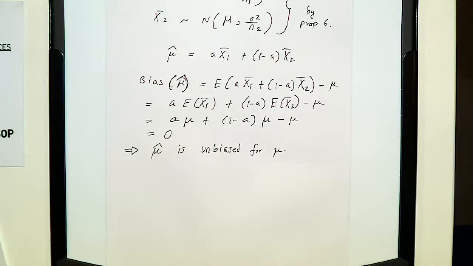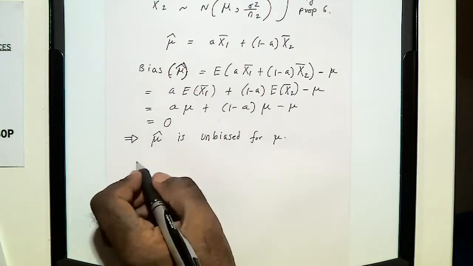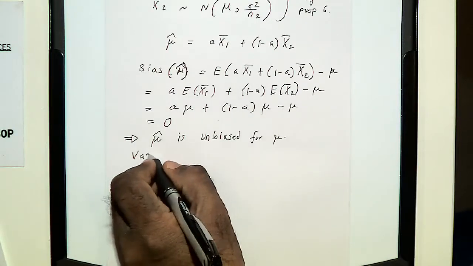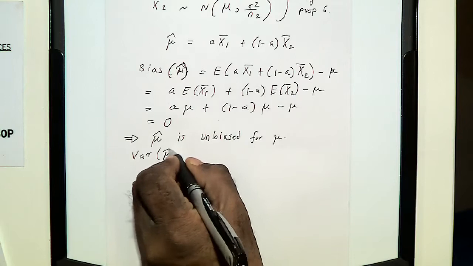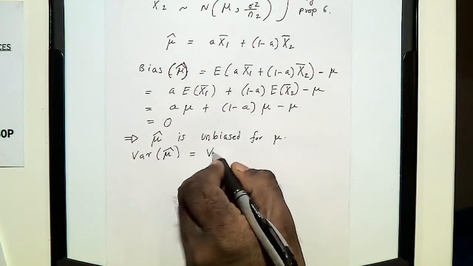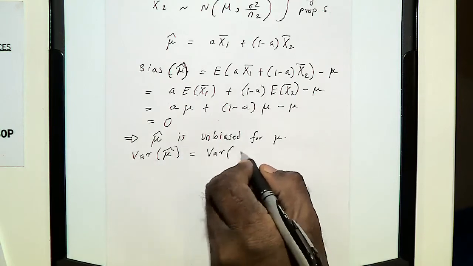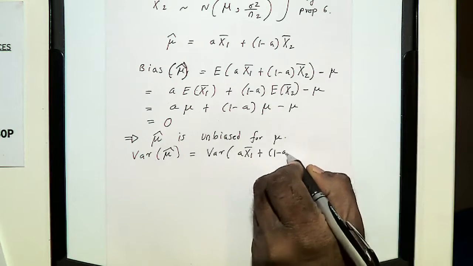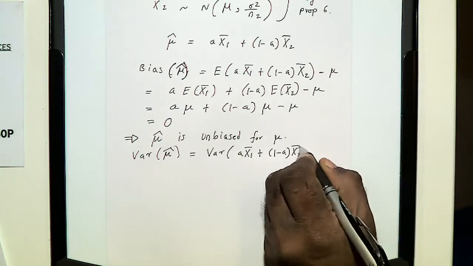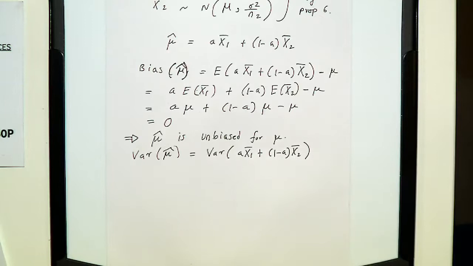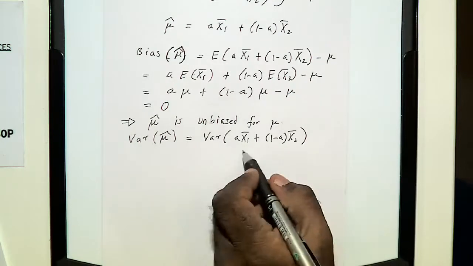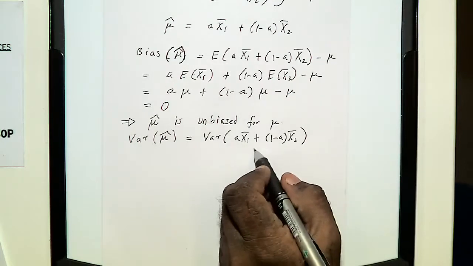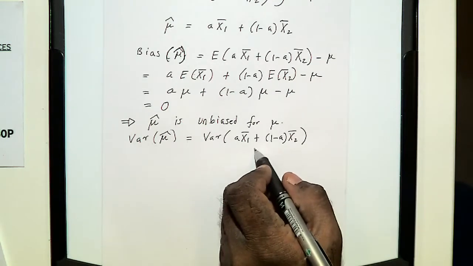The second part is to find the variance. So to find the variance of mu hat, we're going to take the variance of this, right? Now these two are independent variables because we have two independent random samples, right?